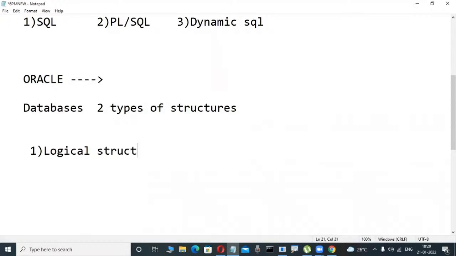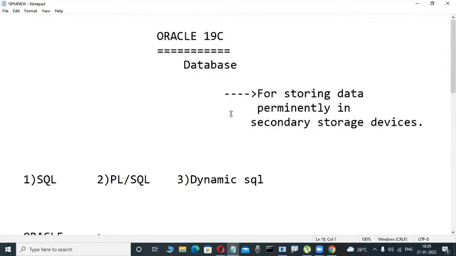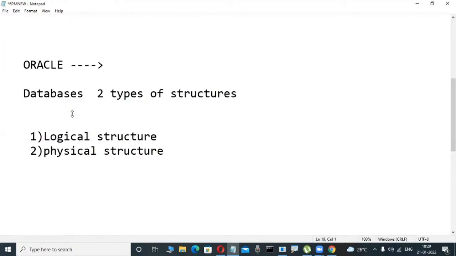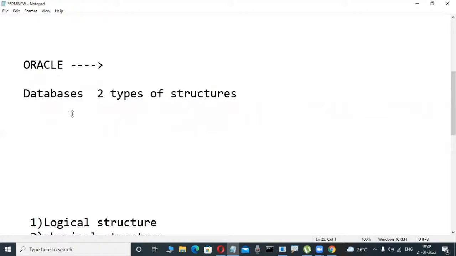Logical structure. Database means it is a place where we can store structure. Here one is logical structure. Another one is physical structure. Before we tell what is the logical and what is the physical structure in these database software, just look at the database definition in books, so many fellows are writing it like this.